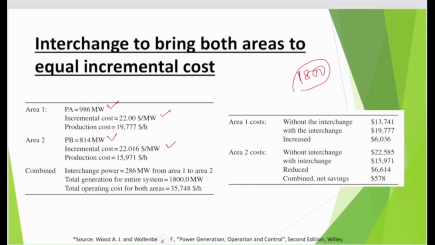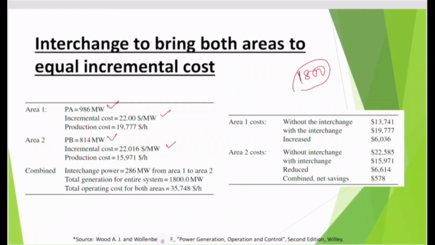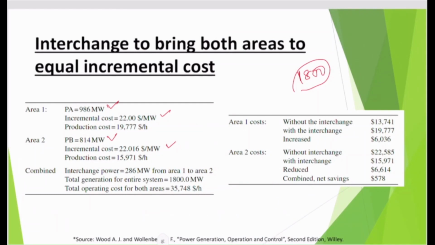Previously they were different, but through exchange they become a single area and are exactly the same. Now what has happened? By interchanging power, 286 megawatt goes from area number 1 to area number 2, and the total generation of the entire system is 1800 megawatt, and the total operating cost for both areas becomes $35,748 per hour. So an additional 286 megawatt transaction took place because of the interconnection or interchange.